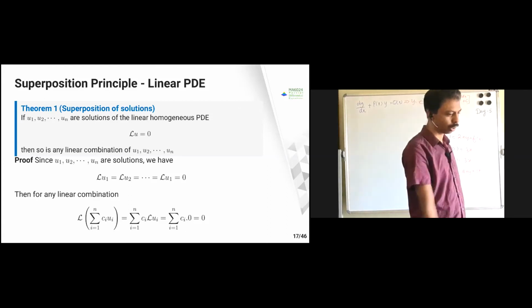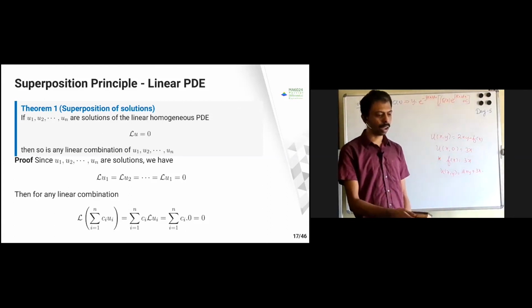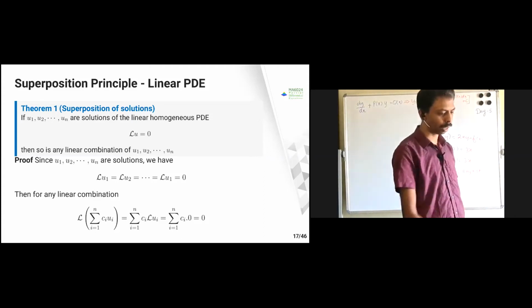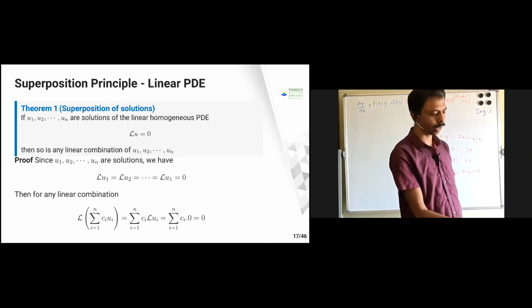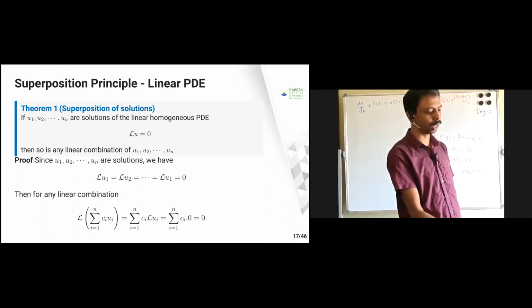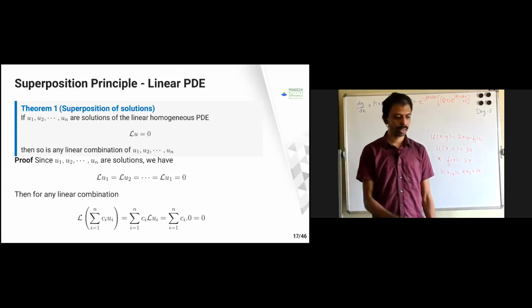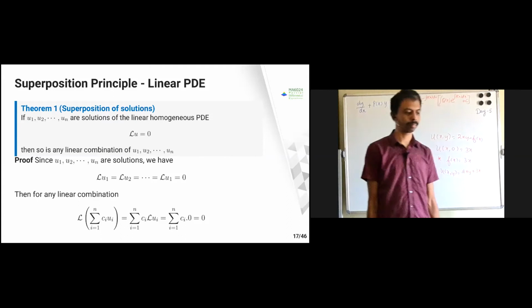Then for any linear combination, L of the summation Ci ui, where the Ci are constants, we can write summation i equal to 1 to n of Ci times L ui, because L is linear, so I can bring L inside the summation. Then Ci times L ui is nothing but 0, so you get the answer as 0.